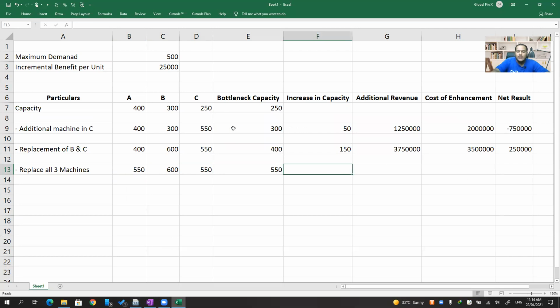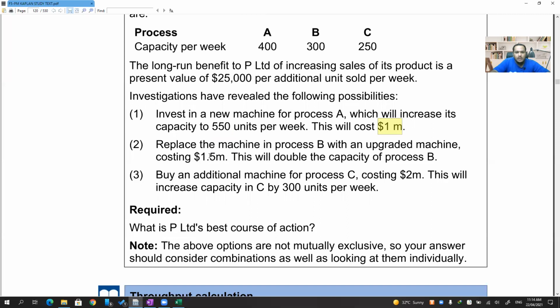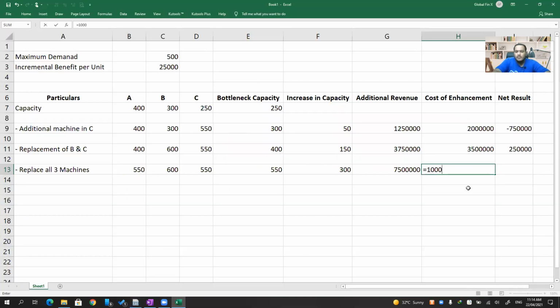That is 550. Enhancement in the capacity is 550 minus 250. Additional revenue is 300 units into 25,000. Cost of enhancement would be 1 million, 1.5 million and 2 million. Okay, 1 plus 1.5 plus 2 is 4.5 million.